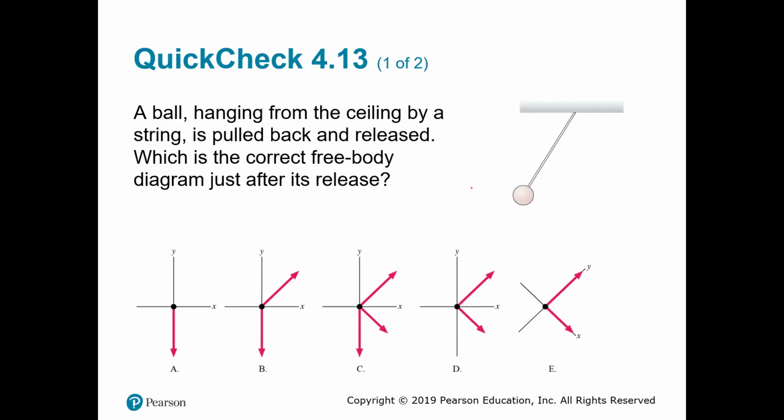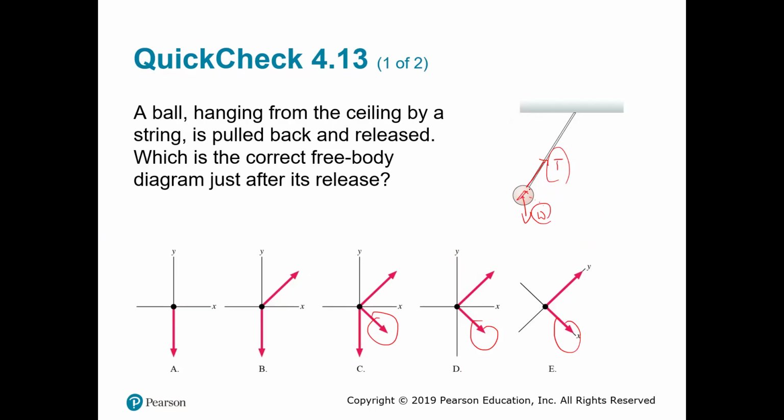Again, you have a ball hanging from the ceiling by a string, right? It's pulled back and released. Which is the correct free body diagram? So now you have a tension and the weight. That's the only force. A lot of students choose C or D or F because of the motion of the object.